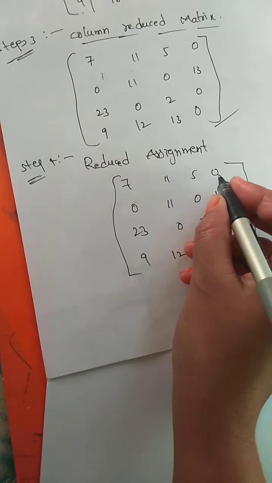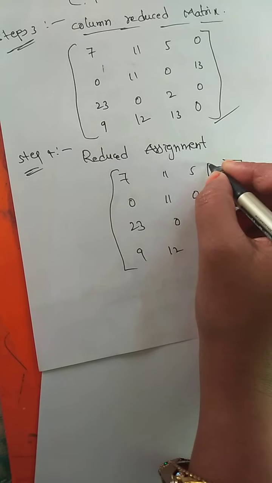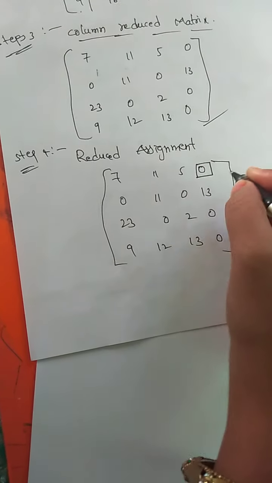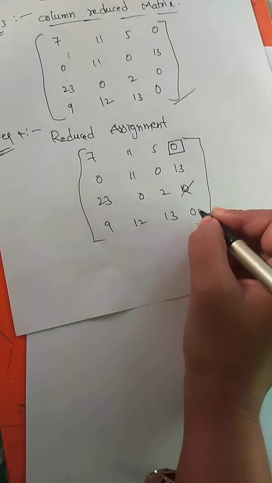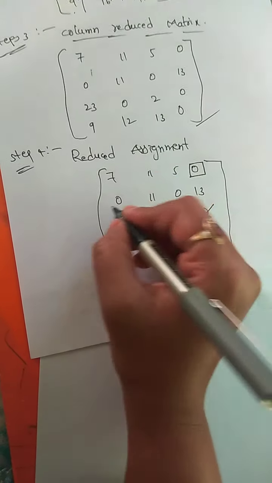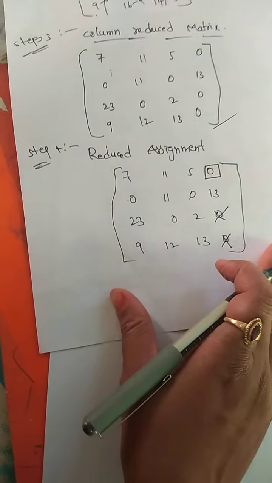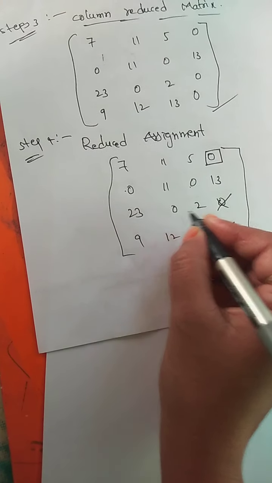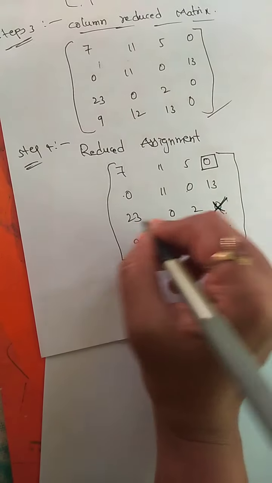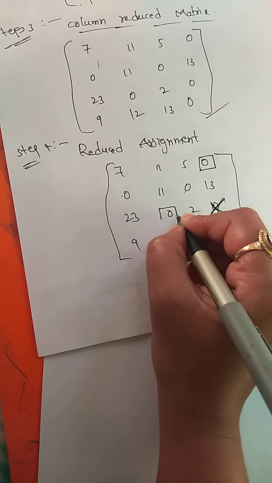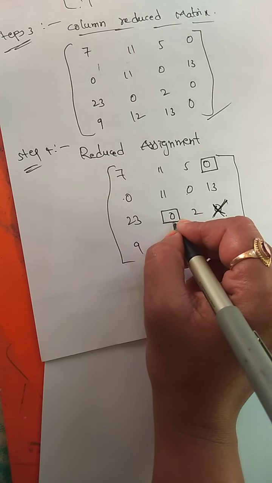In this row there is only one 0, so we assign that 0, and in this column the remaining zeros will be cancelled. In this row we have 2 zeros, so we don't do anything. Next, in this row we have only one 0 because another 0 is cancelled, so we assign that 0 here. So in this row we are assigned.